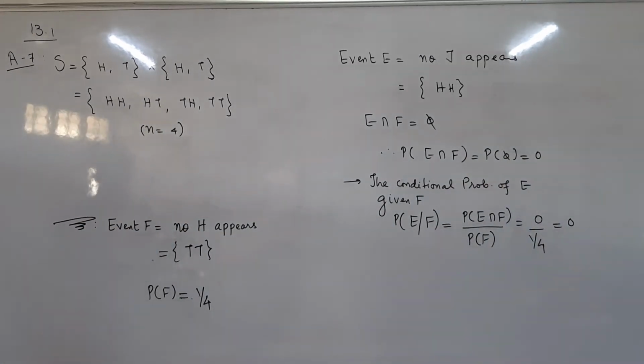If the intersection of any two events is the null set, then students, these two events are called mutually exclusive events. And according to the definition, the probability of mutually exclusive events is 0.